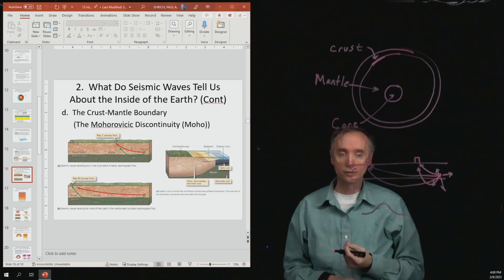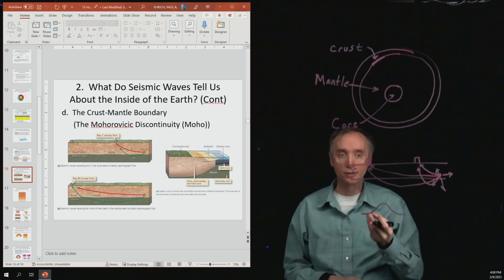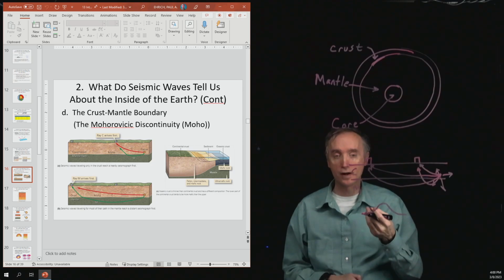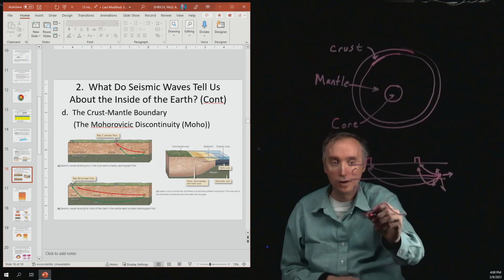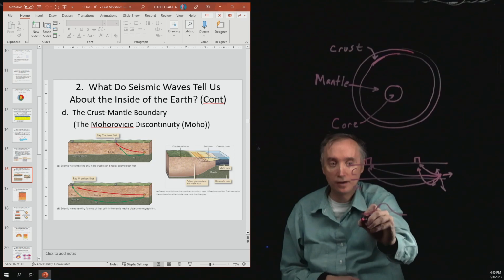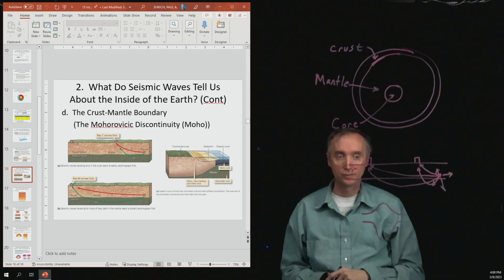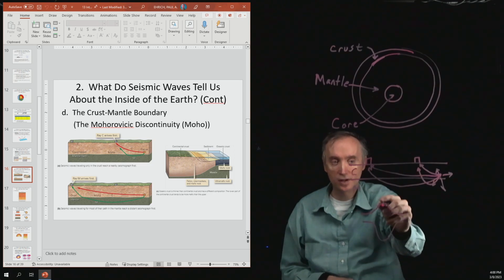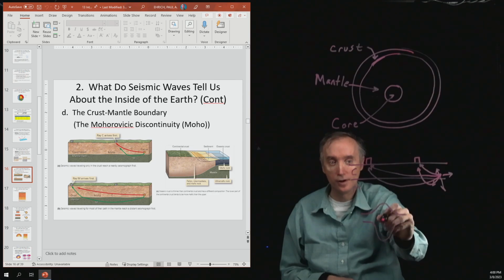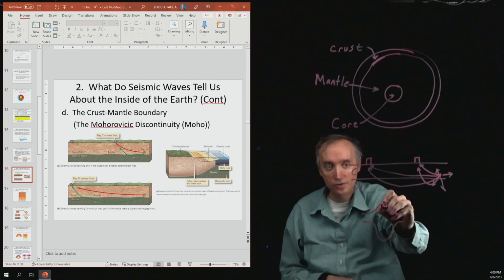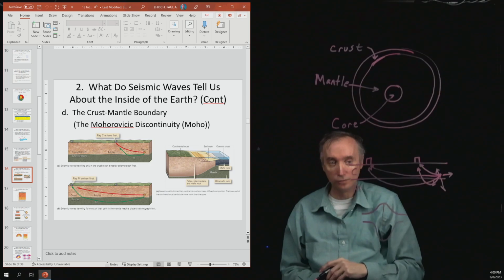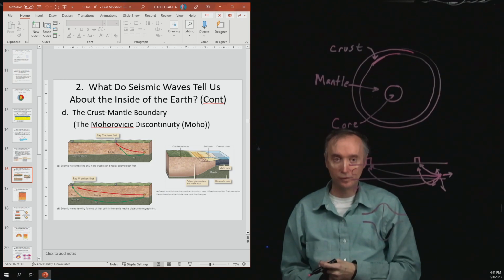One thing that we're going to find out later is the principle of isostasy, where a mountain is going to have a root. And so that root is going to go deep into the mantle. So this is continental lithosphere, and notice that the distance from the surface down to the Moho can be very deep if you're talking about continental lithosphere.